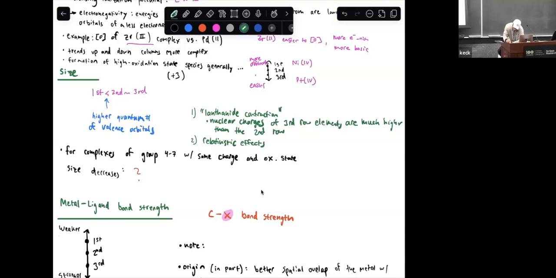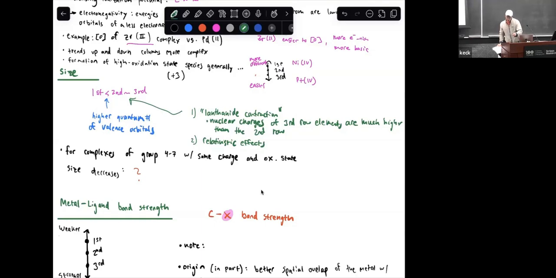But then as you start to pack more and more electrons around these atoms, you have additional effects that come into play. You have something called the lanthanide contraction, where the nuclear charge gets higher and higher as you get to third row elements.